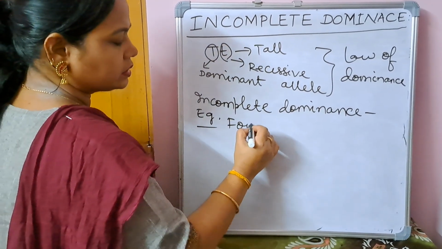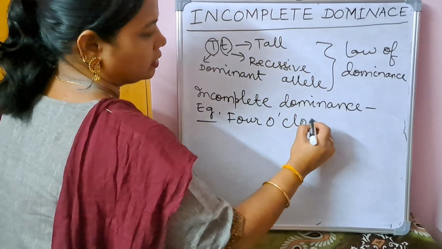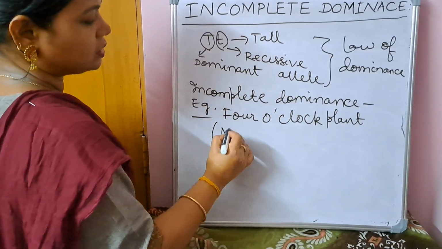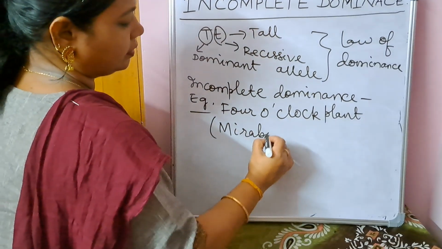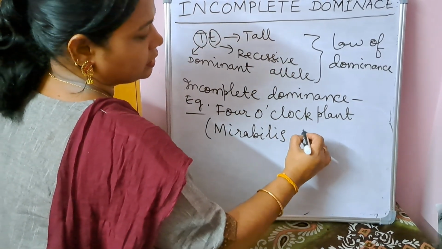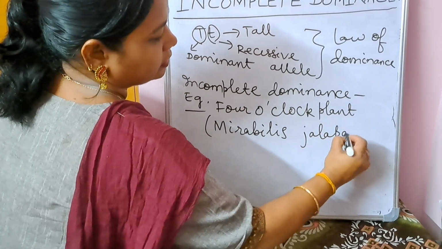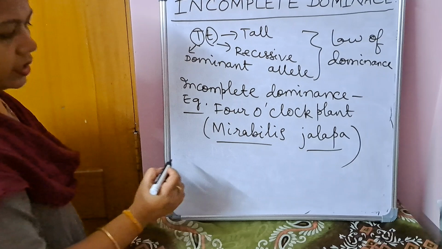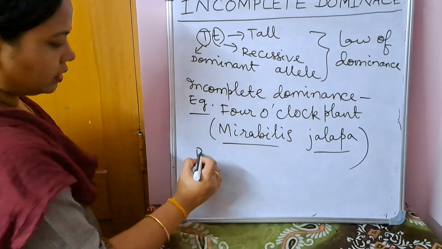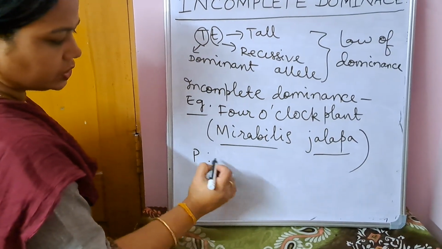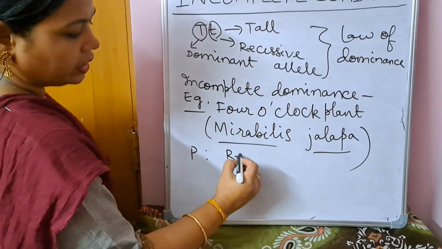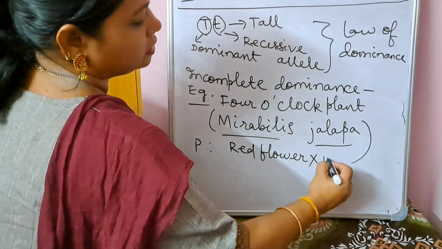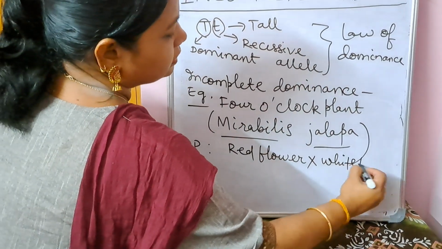Now suppose we take the example of the four o'clock plant, scientifically called Mirabilis jalapa. Now in this plant, suppose you are taking the parental generation, a red flower crossed with a white flowered plant.